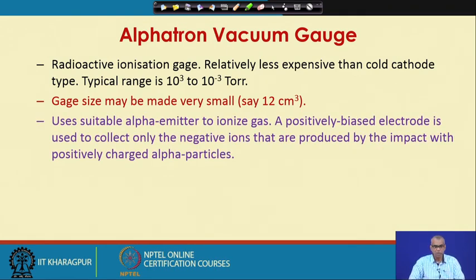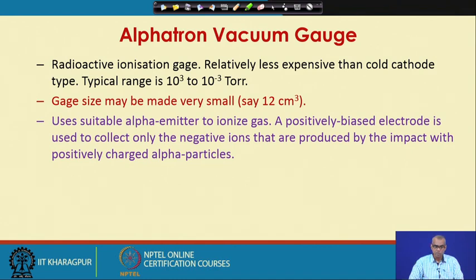Alphatron vacuum gauge uses suitable alpha emitter to ionize gas. A positively biased electrode is used to collect only the negative ions that are produced by the impact with positively charged alpha particles.